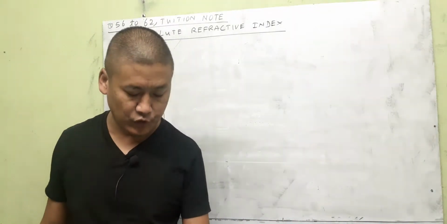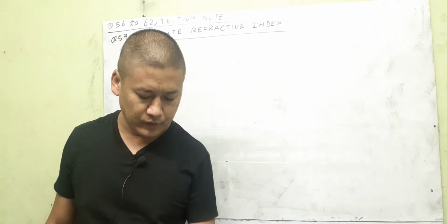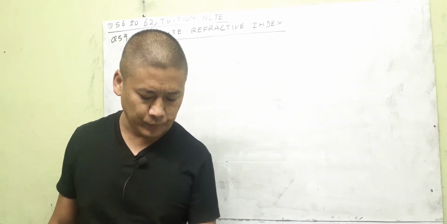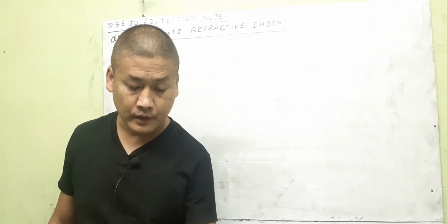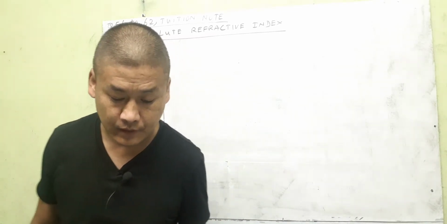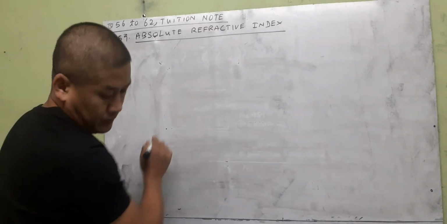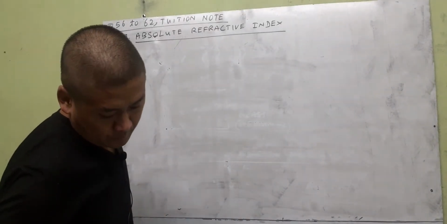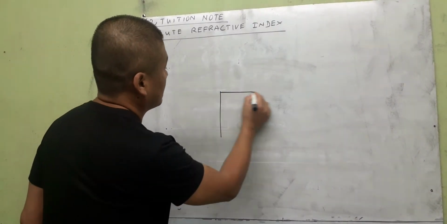If medium 1 is vacuum or air, and then the refractive index of medium 2 is considered with respect to vacuum or air, this is called absolute refractive index, or simply refractive index. Okay. So let us say if medium 1 is vacuum, that means suppose this is glass.